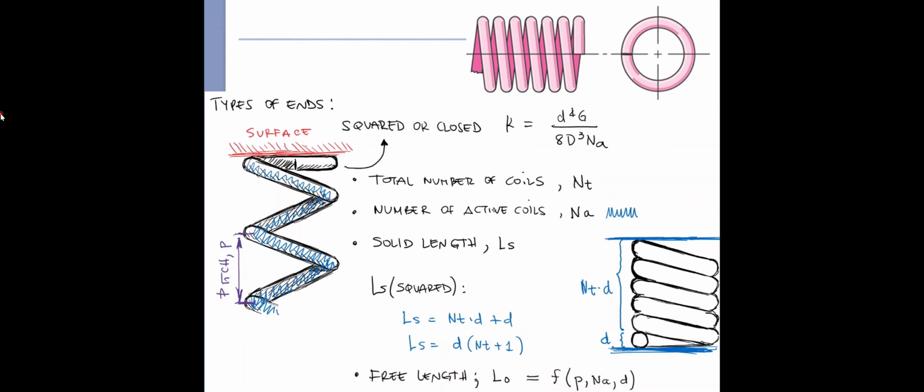And the free length L naught can be defined as a function of the pitch, the number of active coils, and the wire diameter.